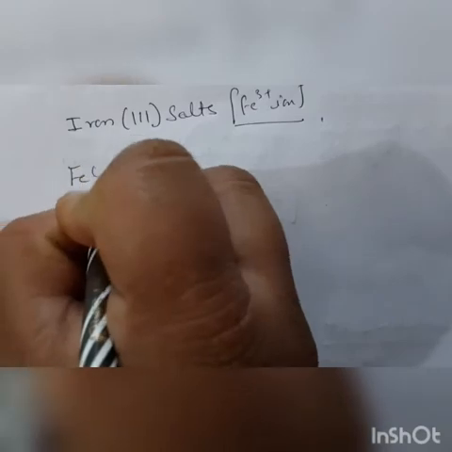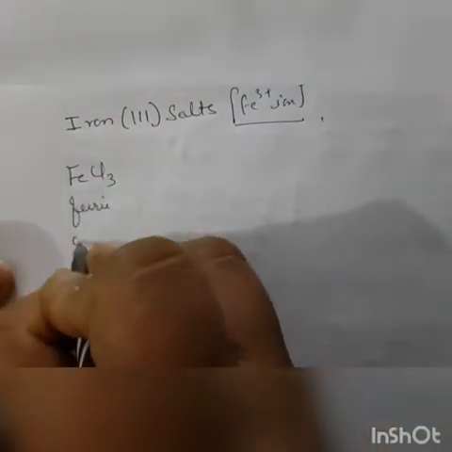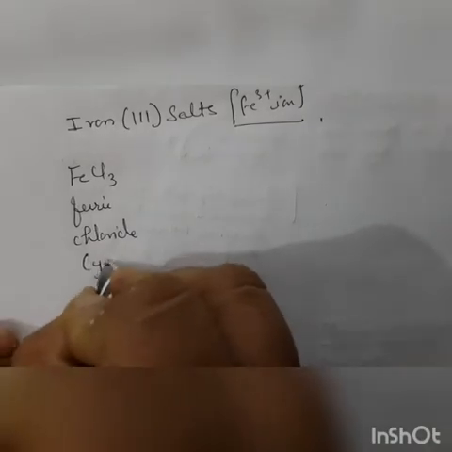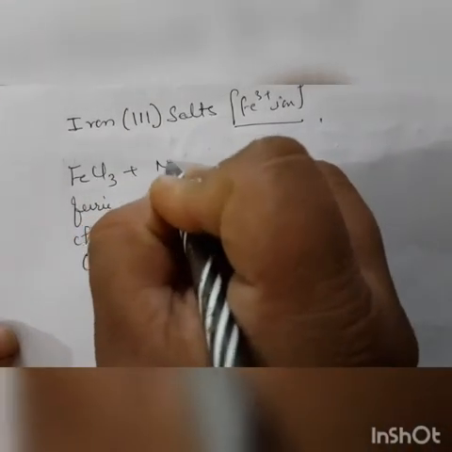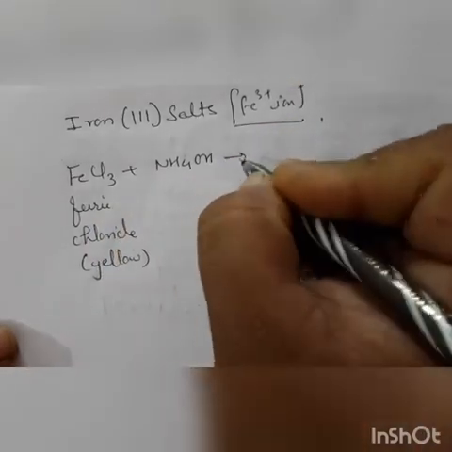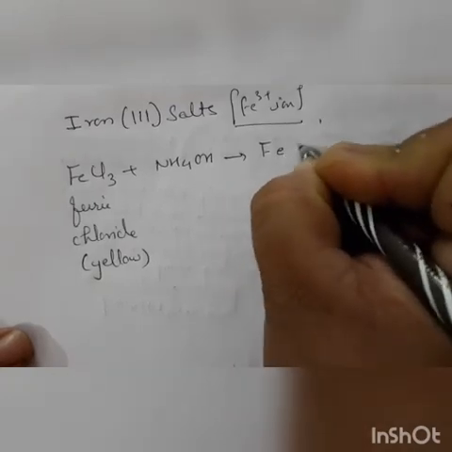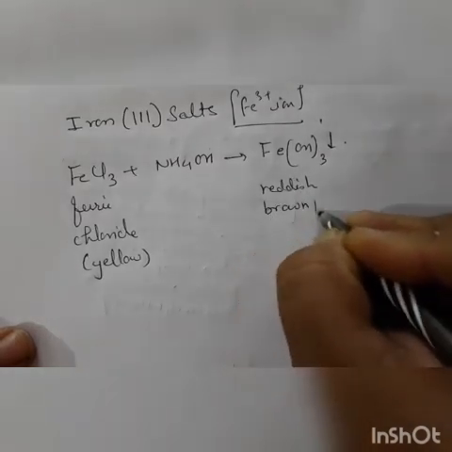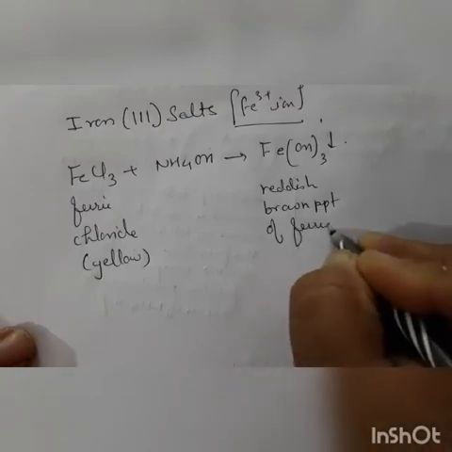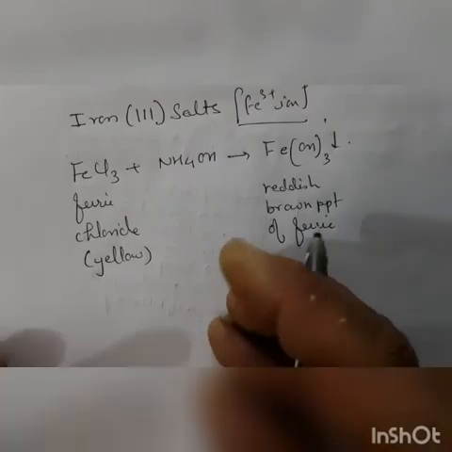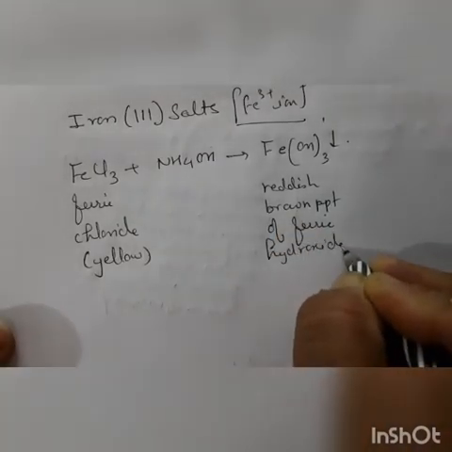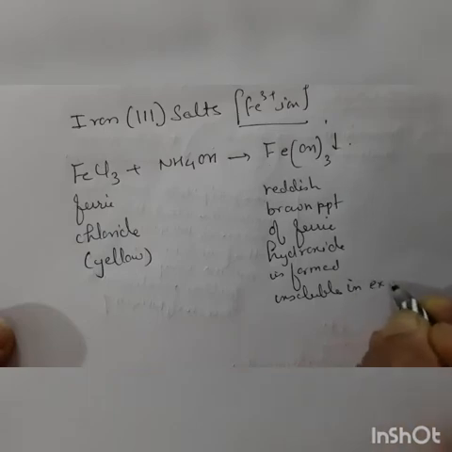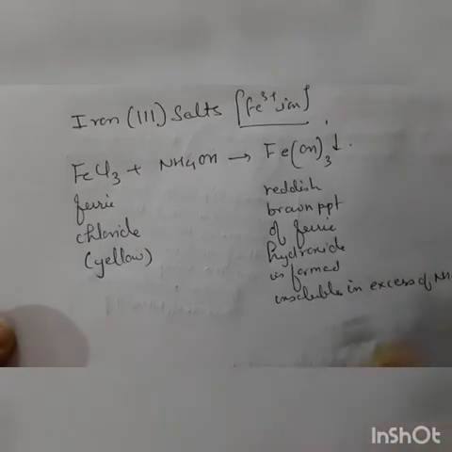We will take ferric chloride, yellow solution, and when ammonium hydroxide is added to it, then reddish brown ppt of ferric hydroxide is formed, which is insoluble in excess of ammonium hydroxide.